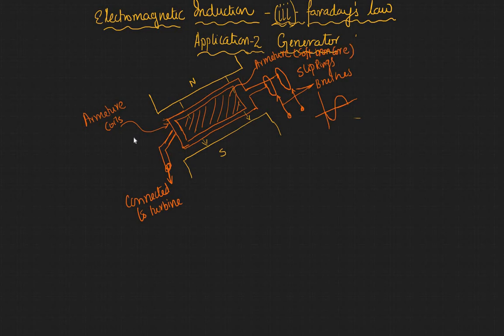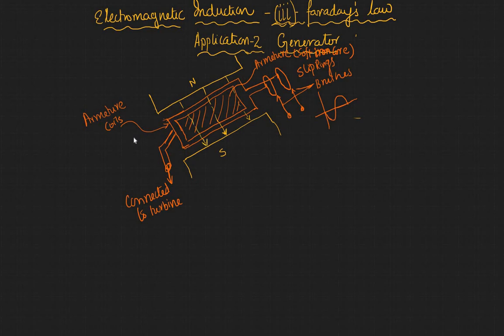The objective of your armature is to increase the strength of the magnetic field by many folds, or the magnetic lines which are linked to the armature coil.